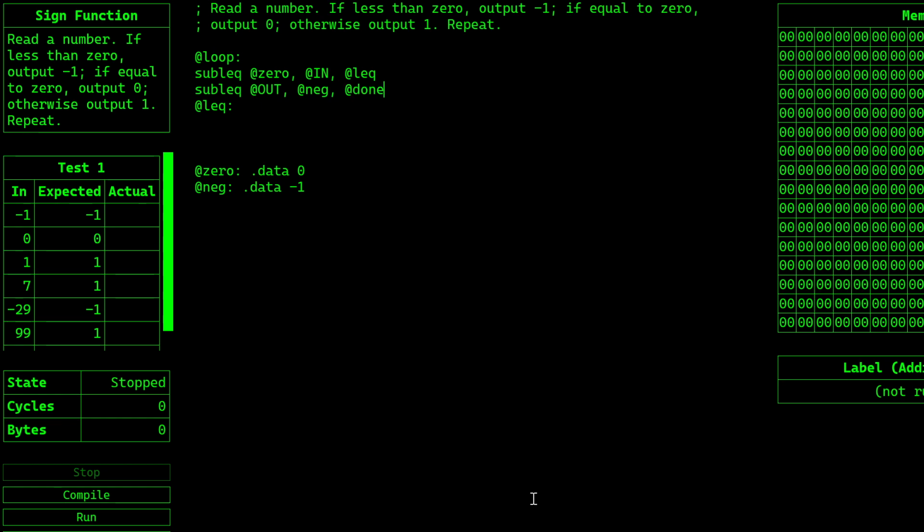And go to at done. I'm not sure how much cleanup we're going to have to share, so we'll leave done for later and assume it resets everything that needs to be reset and then goes back to loop.